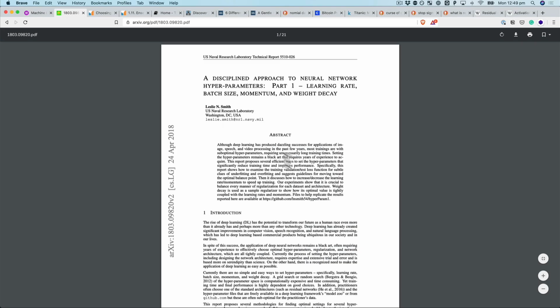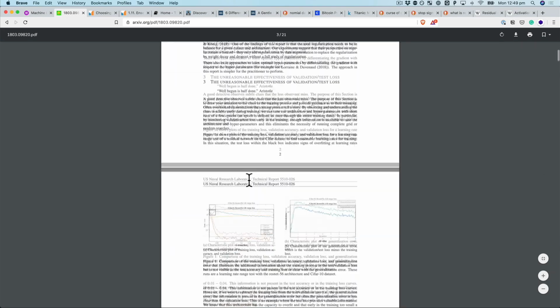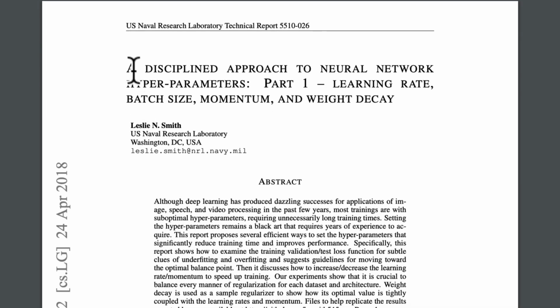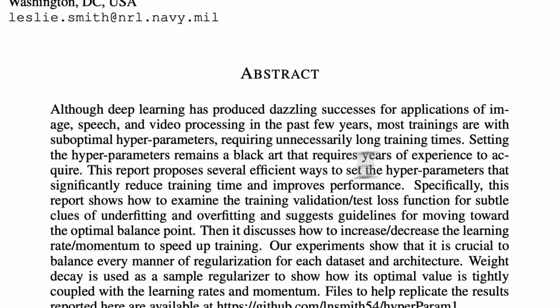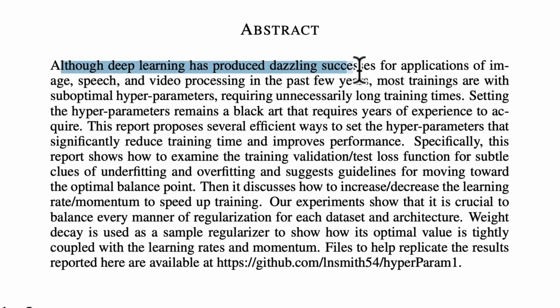So we come here, this is what a research paper looks like. Pretty cool, hey? So a disciplined approach to neural network hyperparameters. If you read through this, although deep learning has produced dazzling success for applications of image, speech, and video processing, what's it say here? Most training is with suboptimal hyperparameters, requiring unnecessarily long training times.